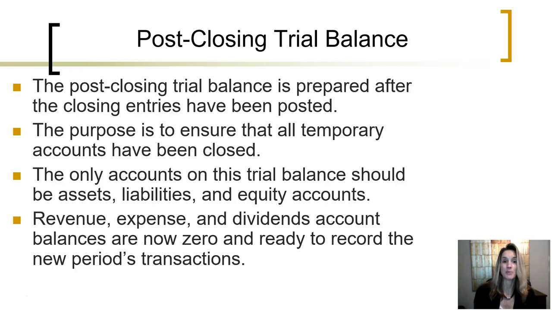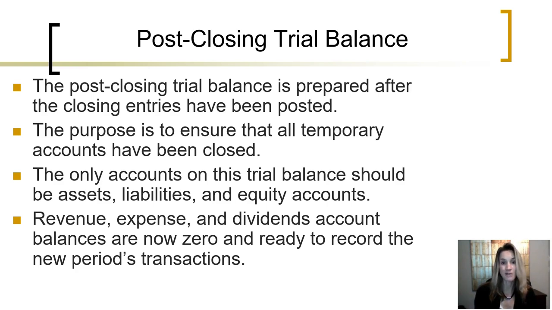The final step would be to prepare a post-closing trial balance, which is prepared after closing entries have been posted to the general ledger. This post-closing trial balance, listing all account balances to ensure debit balances equal credit balances, ensures that temporary accounts have been closed, and the only accounts in this trial balance will be the permanent accounts, the assets, liabilities, and equity accounts.